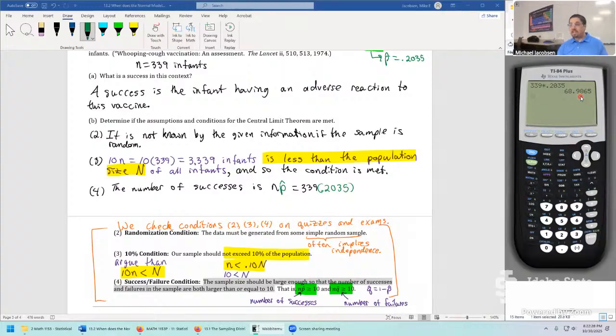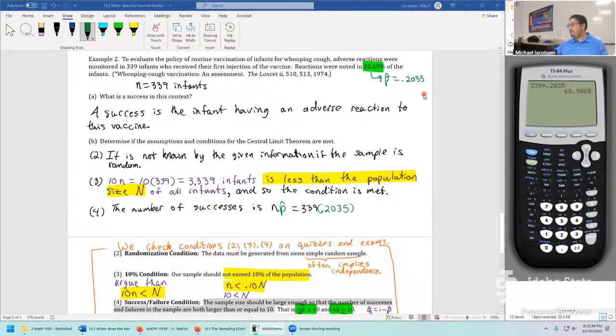That doesn't fit the context, but this is something that happens because when you calculate p hat, sometimes you round. We rounded to 4 decimal places. The percentage was also rounded to 2 decimal places here. And because of rounding, sometimes these don't come out exactly right. Yet the answer here is an integer.